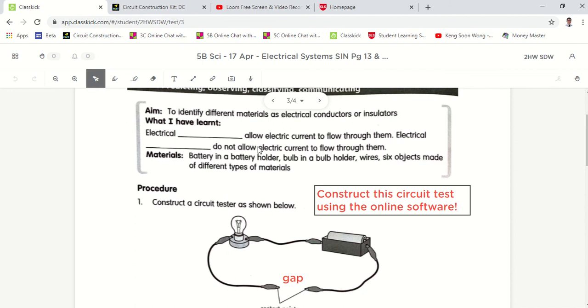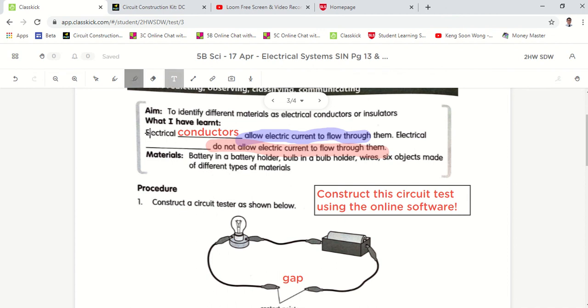I hope you have filled up this part. That's what we have said just now. Things that allow electric current to pass through are what we call electrical conductors. It doesn't matter if it's conductor or conductors, but I'll put conductors here. And electrical insulators do not allow electric current to flow through them.